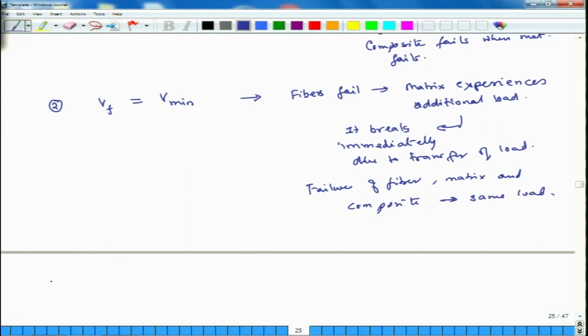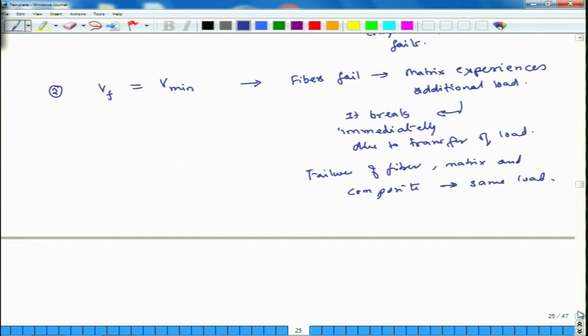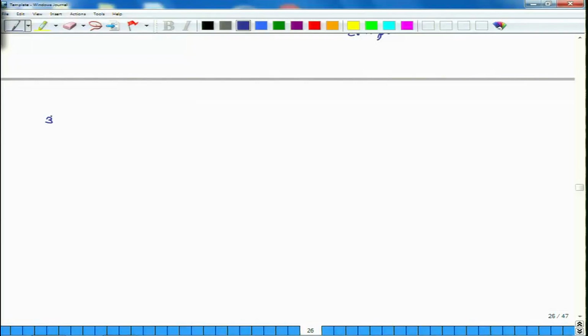This happens for Vf equal to V min, and also for all volume fractions of fiber when Vf exceeds V min, the same thing happens. Then the third one is Vf more than V min. It is the same mechanism as above, same as case 2, nothing new about that.